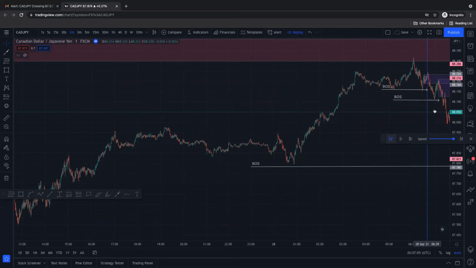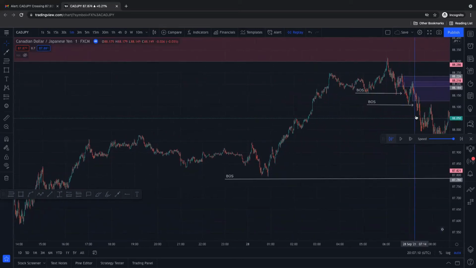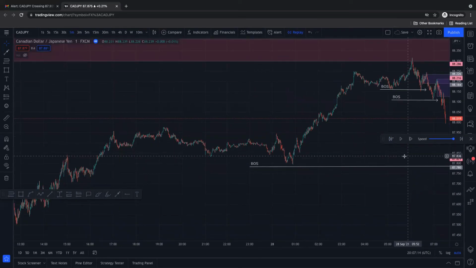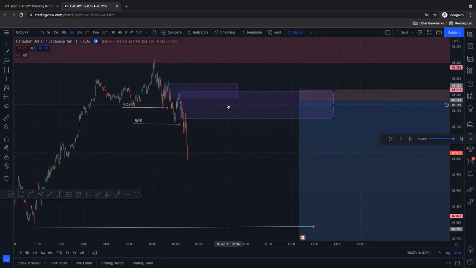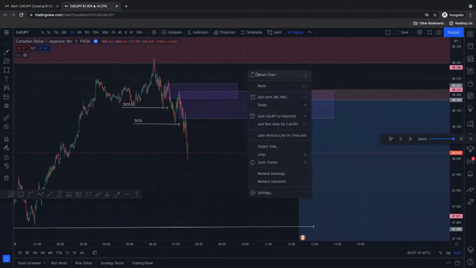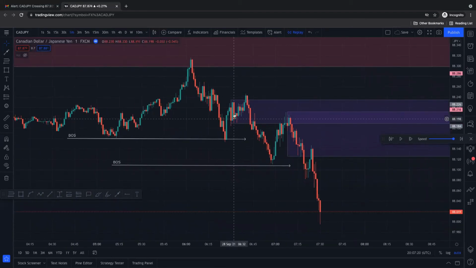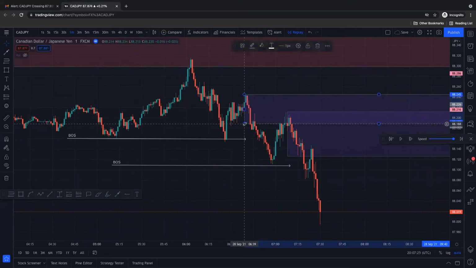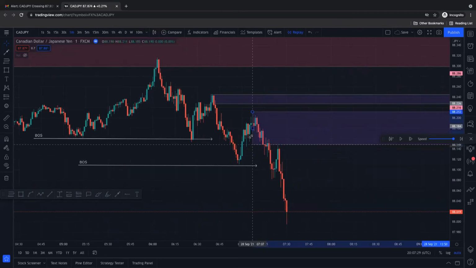So the refinement was like this. This was the one that broke the structure, the first order block on the 10 minute, and this was the second.